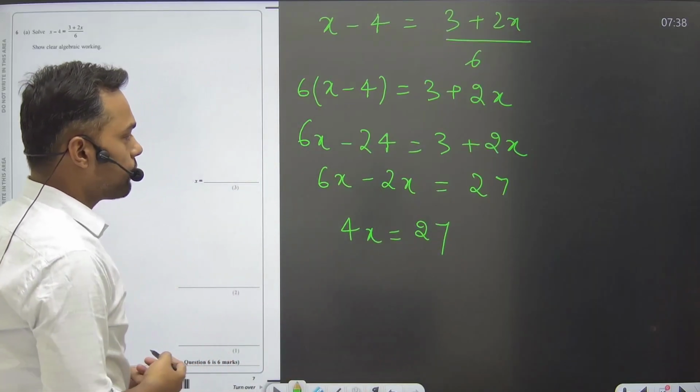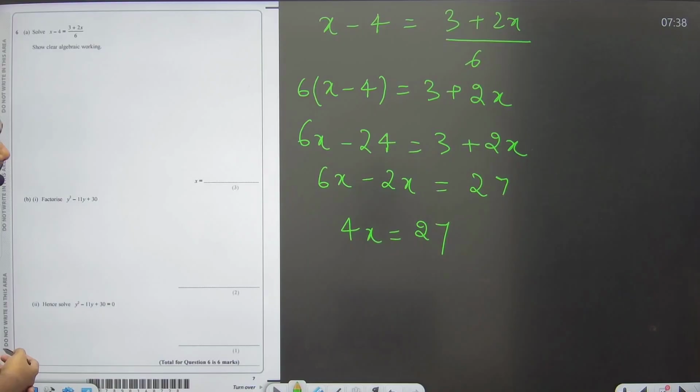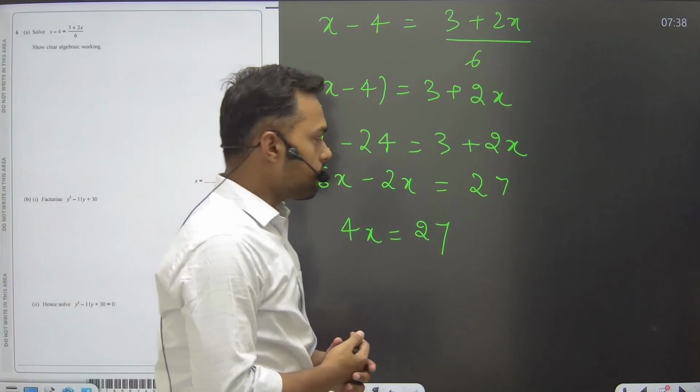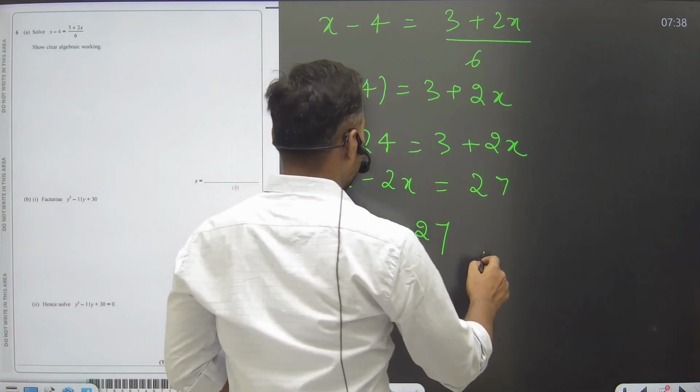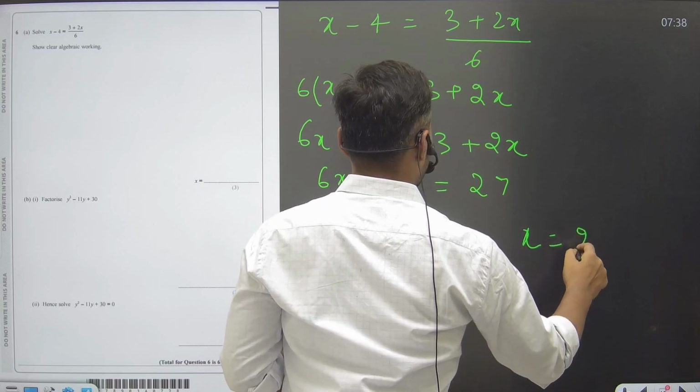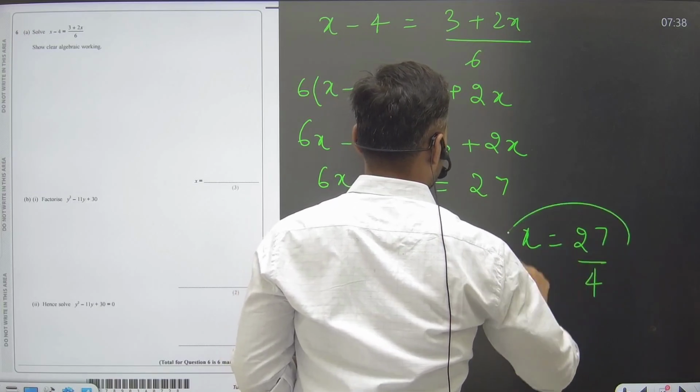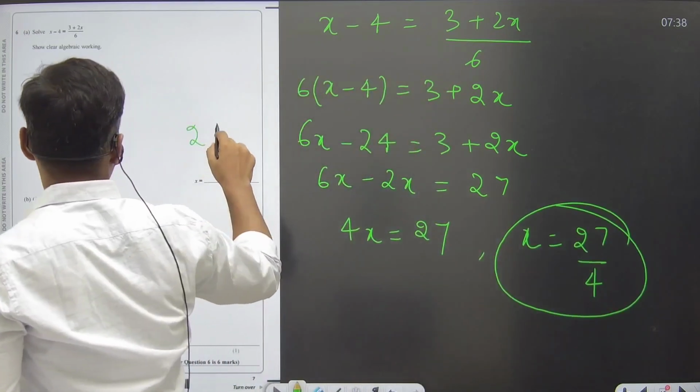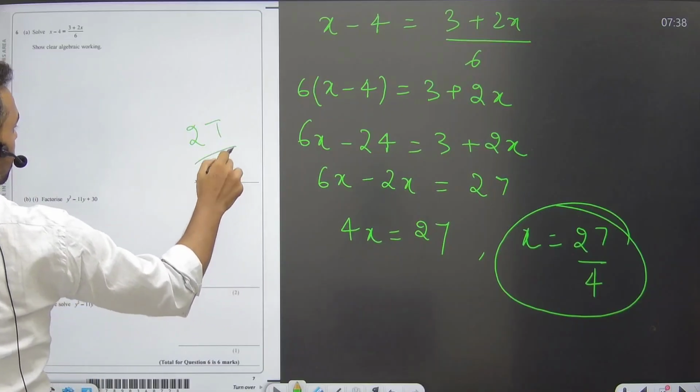So the value of x will be 27 upon 4. Here is the solution, students, 27 by 4.